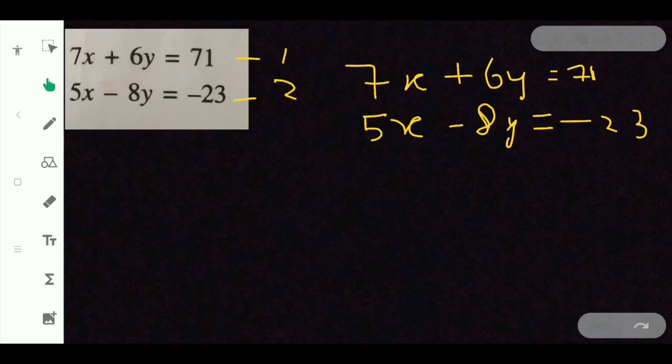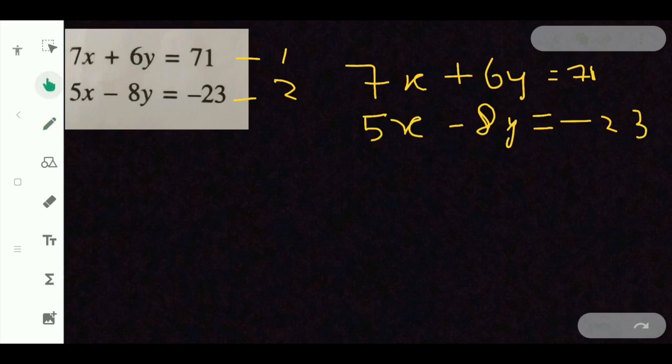So as we have done in the previous video, we should take any one variable and we should equate them. So I am taking the variable x and I will try to equate the x value in the second equation as well as in the first equation.